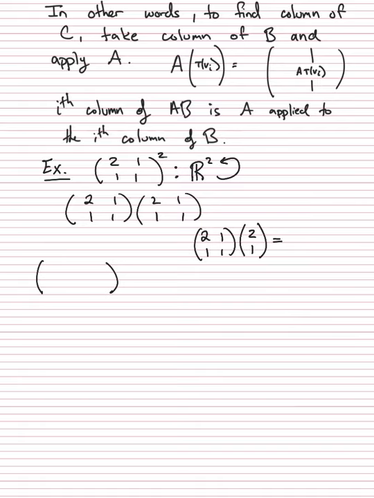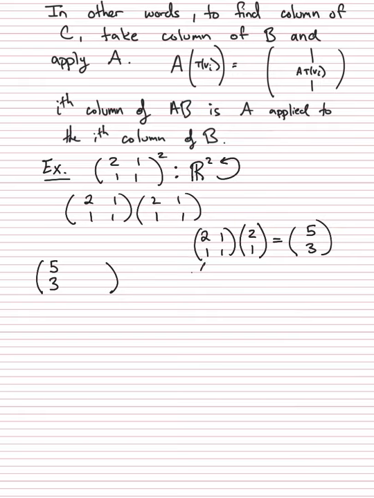Well, we know how to take a matrix and input a vector. So this is 4 plus 1 over 2 plus 1, so we should get 5, 3. This 5, 3 is precisely the first column here.